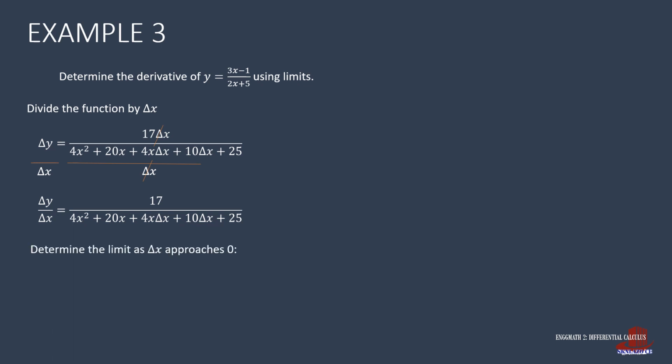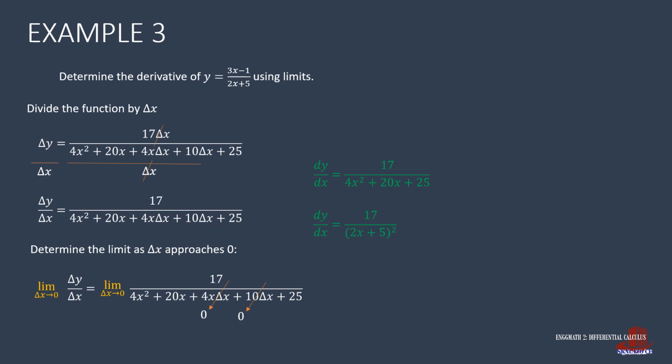Finishing step 3, we move on to inject the limit when delta x approaches 0, and this takes out 4x delta x and 10 delta x from the denominator. So the derivative of y with respect to x is 17 over 4x squared plus 20x plus 25, which can also be compressed into 17 over the square of 2x plus 5.